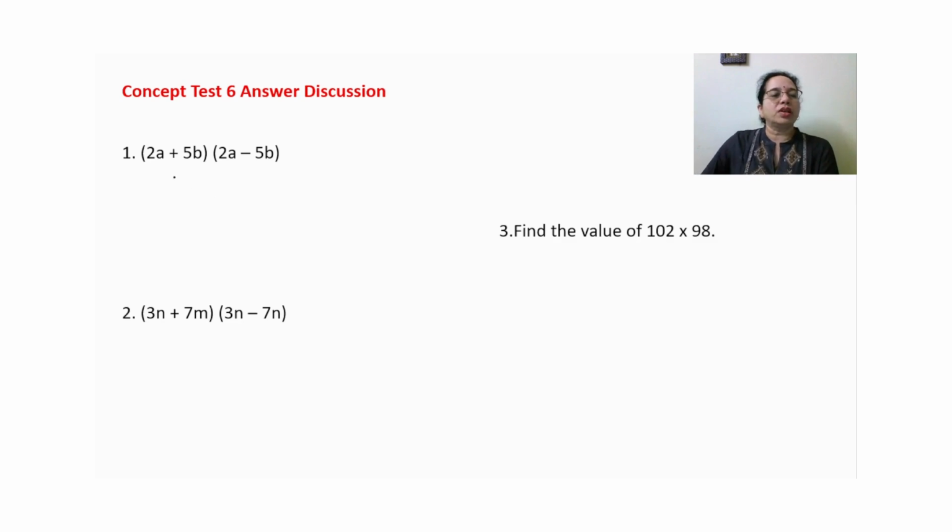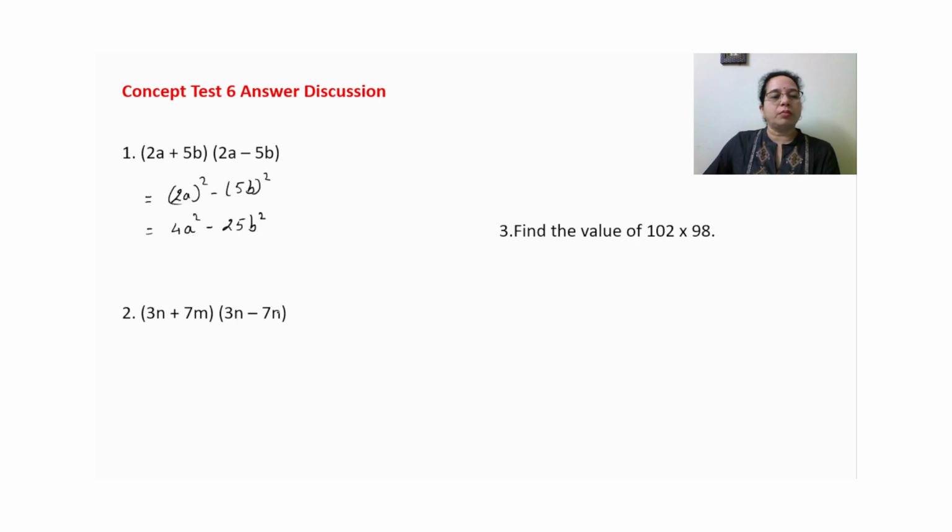So now here you can see that first term and second term is same and middle signs are different. So again we can use here the first term whole square and second term whole square. So this will give you 4a square minus 25b square. Here also your first term is same, second term is same.